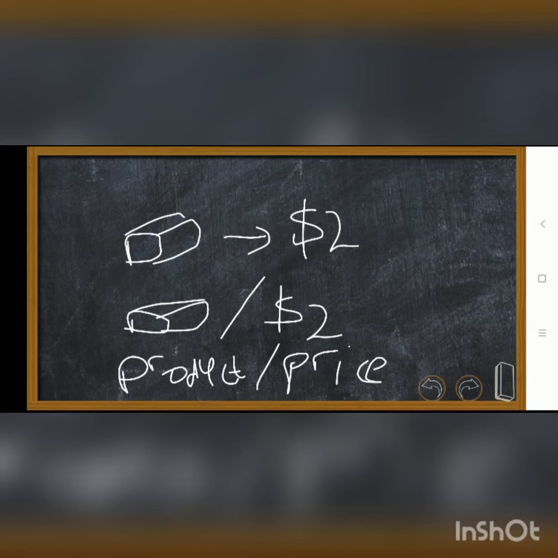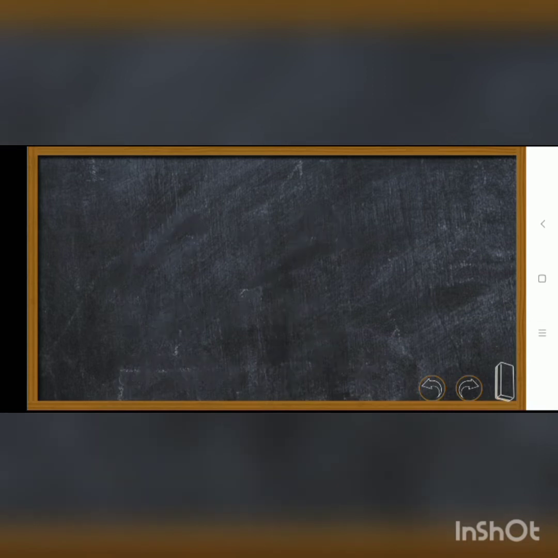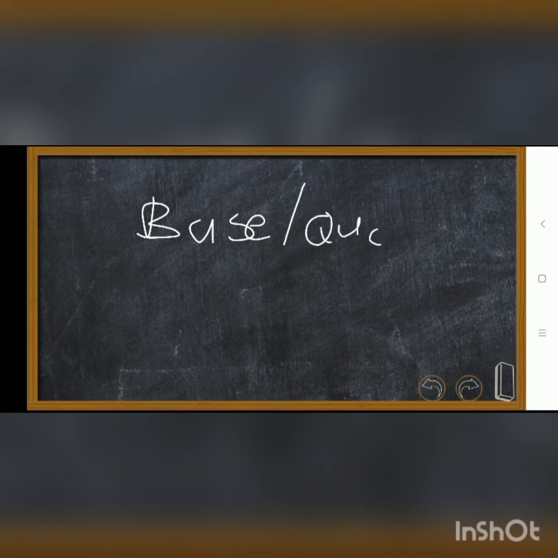So this means that we'll have something called a base and a quote. It's just like the bread and the $2. They are giving you a price for the base.